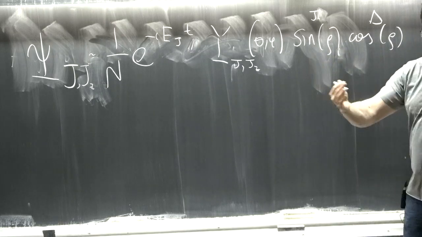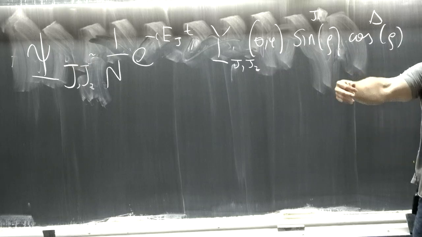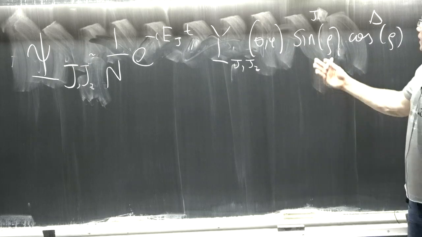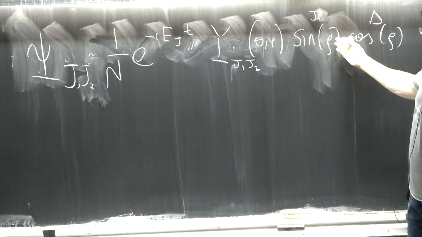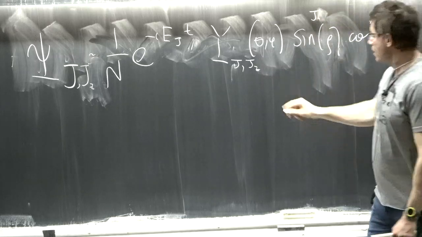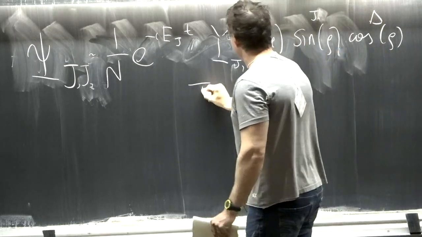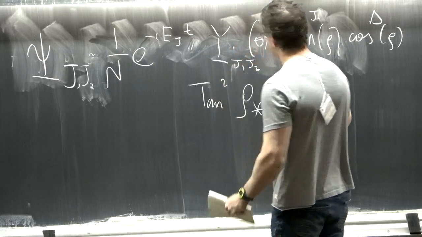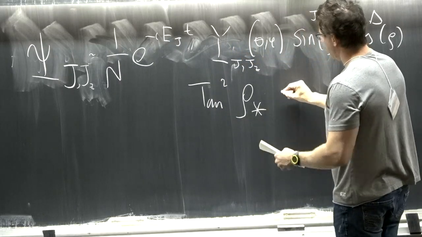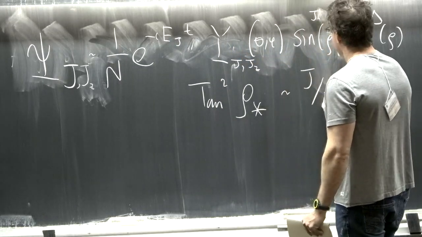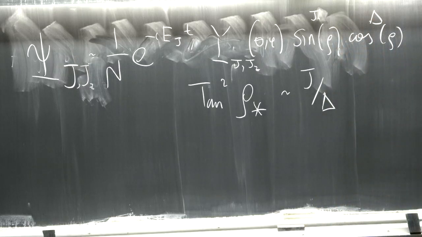So the center of the wave function has shifted from rho equals 0 to some non-zero rho. And you can just calculate approximately where this wave function is peaked. And you'll find that rho star, where this wave function is peaked, satisfies tangent squared of rho star equals j over delta. Okay? It's just a particle swirling around AdS.